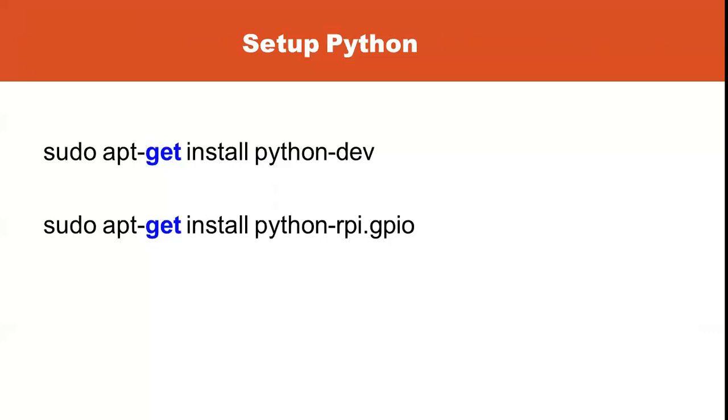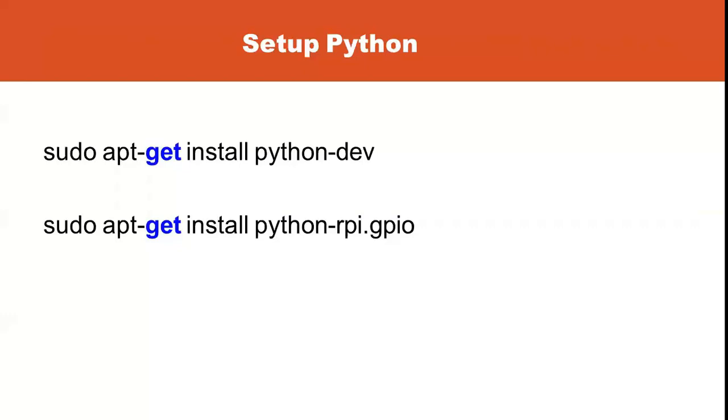Then once the Python is installed, the next we have to install python-rpi.gpio. So the sole purpose of the second package is to interact with the Raspberry Pi board. So the first one was a Python development environment.